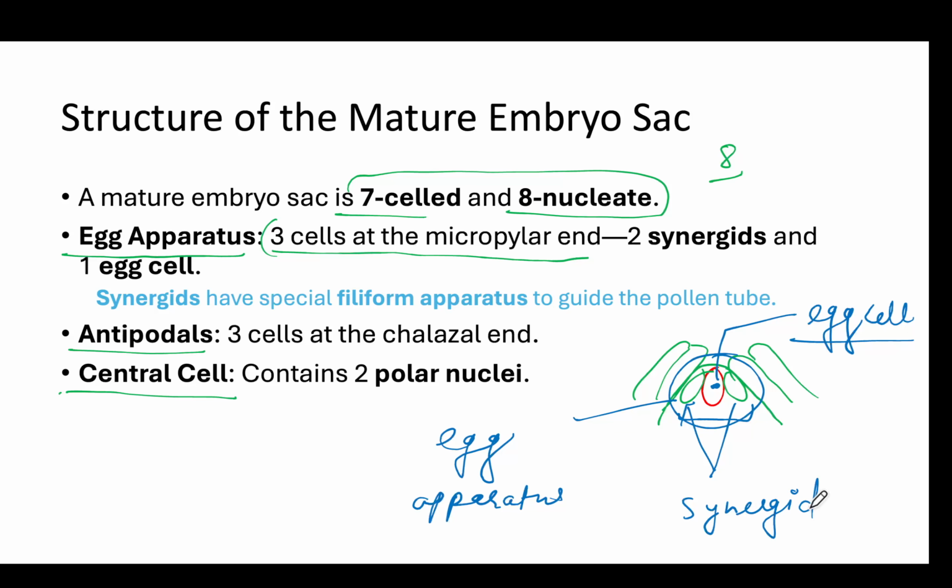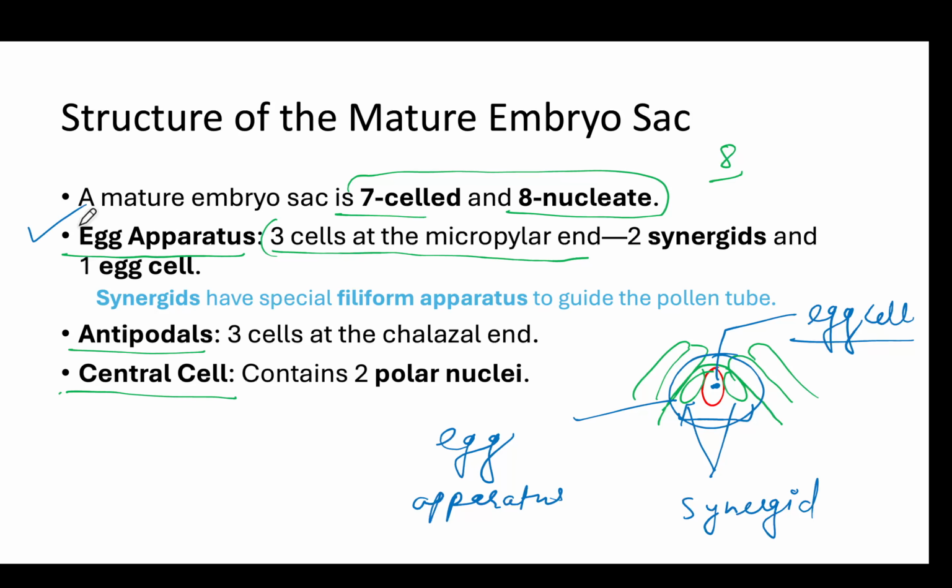Let's revise it one more time. So out of these 8 nucleated cells, 3 cells will go towards which end? The micropylar end, which is present at the top. These 3 cells are collectively known as the egg apparatus.